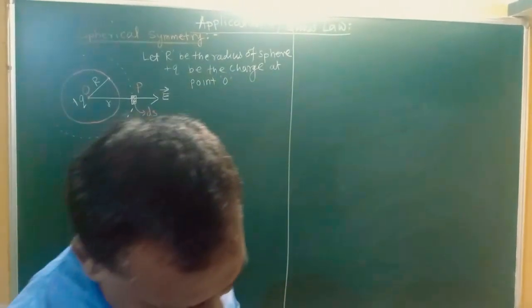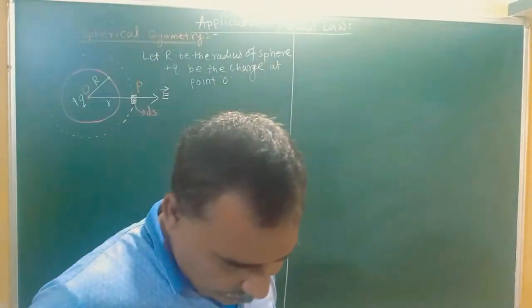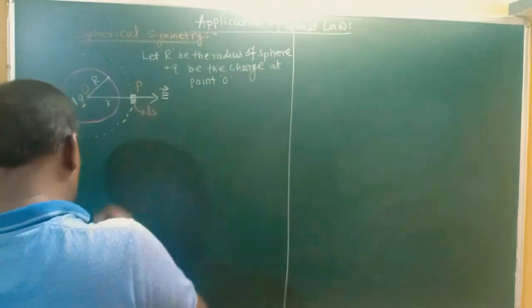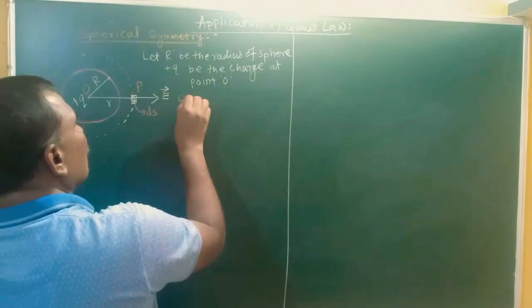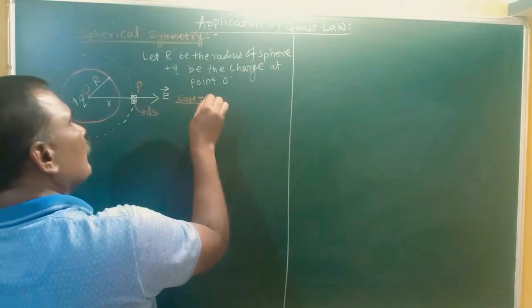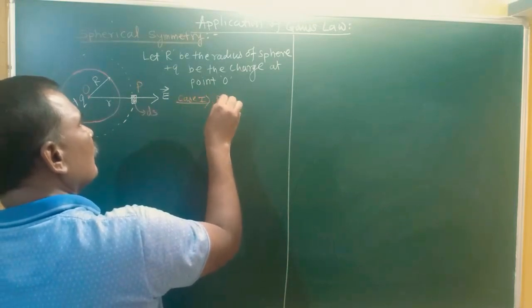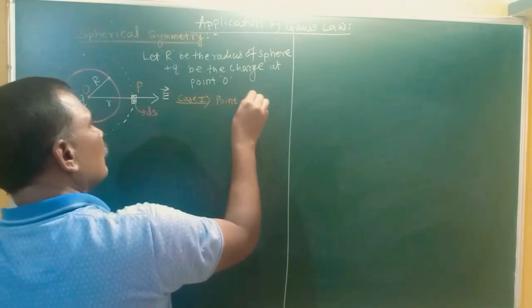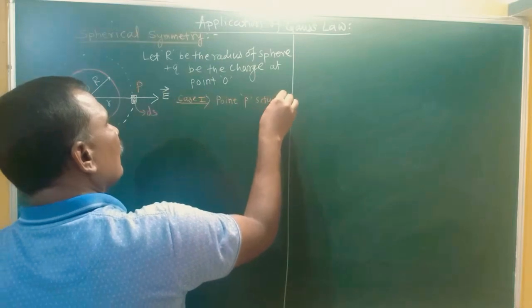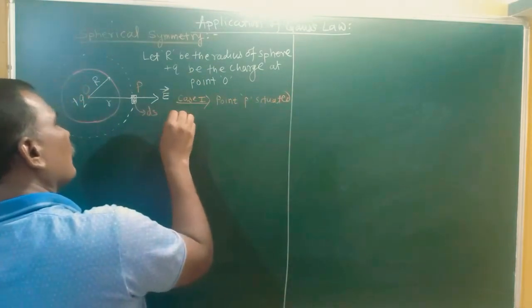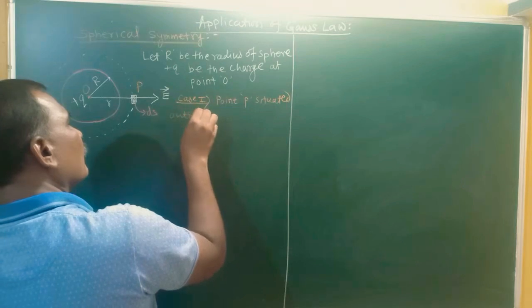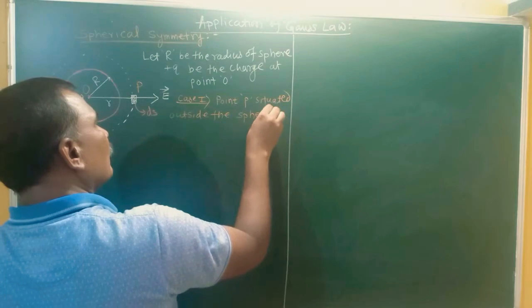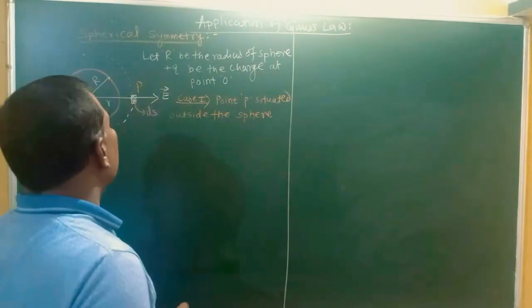And after that, case number one: point P is situated outside the sphere.